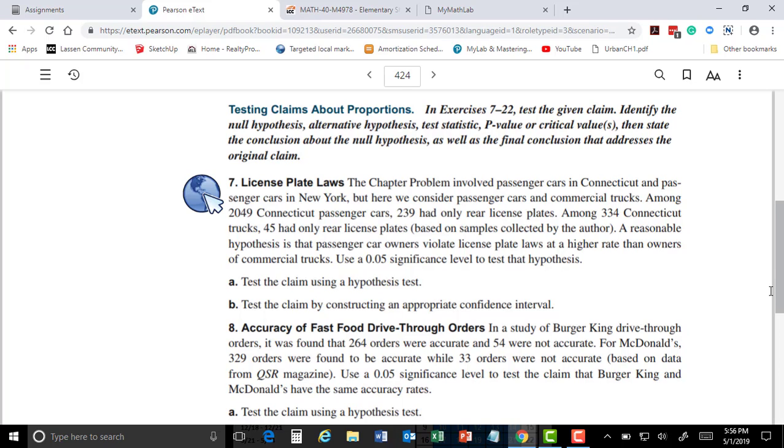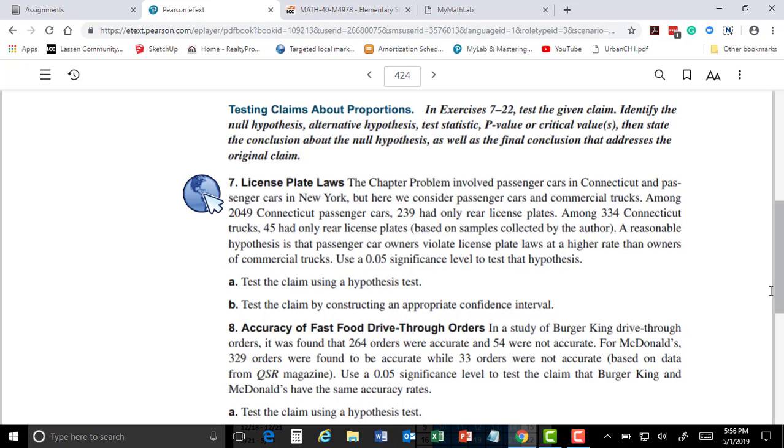So they're telling you what you want your significance level to be. That would be half of that on both two tails, yes? Okay, so among 2,049 Connecticut passengers, 239 only had a rear plate.